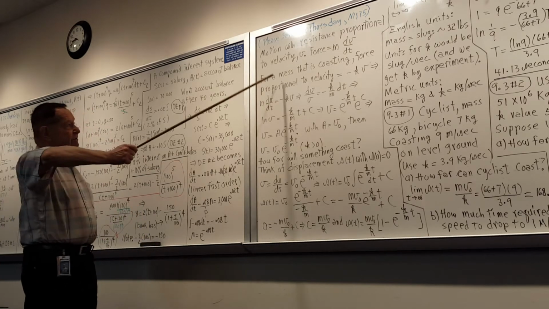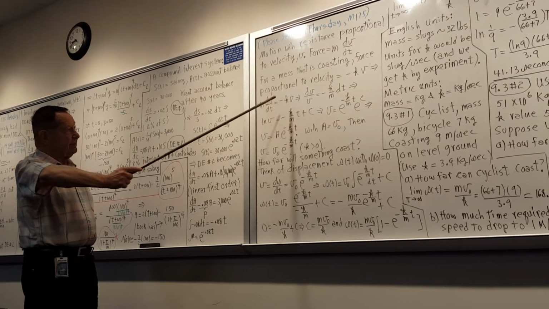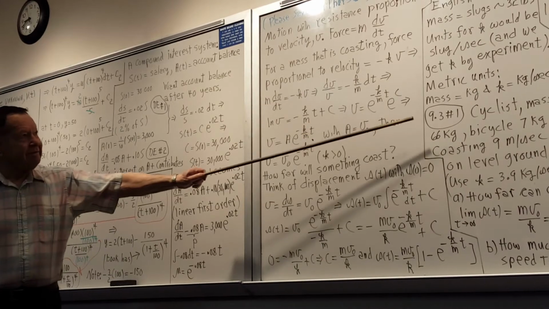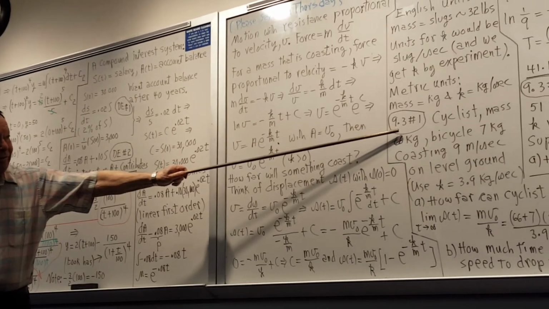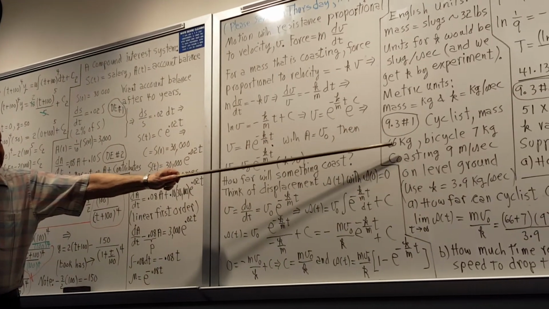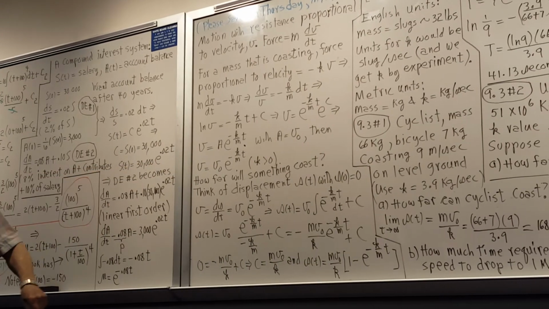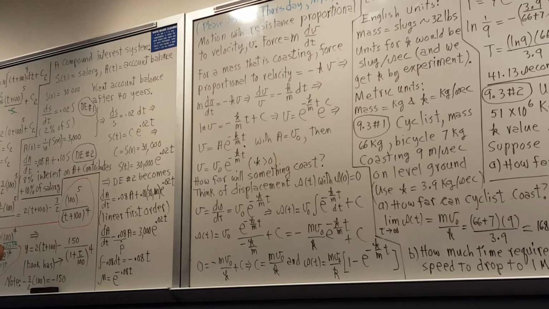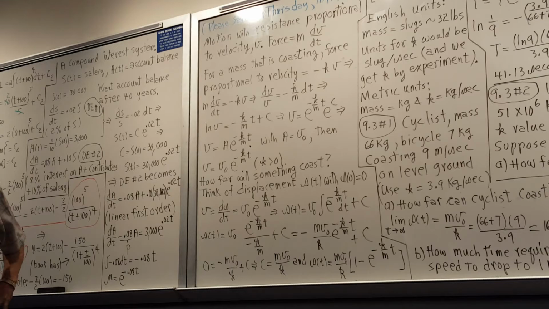Okay, so suppose it's coasting. This could be as in, say, the homework problem 1, a cyclist who has a mass and the bicycle has a mass and the person and the bike are coasting along. Or it could be a ship coasting in the water, something like that.